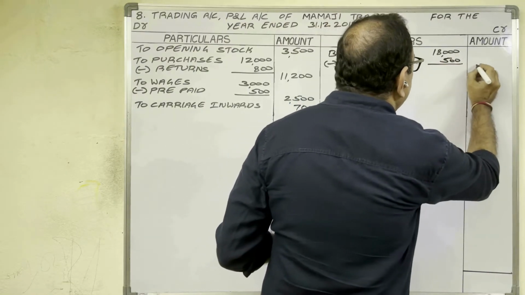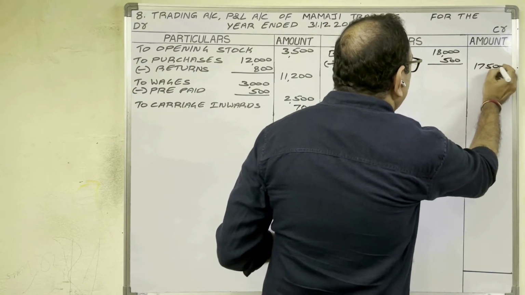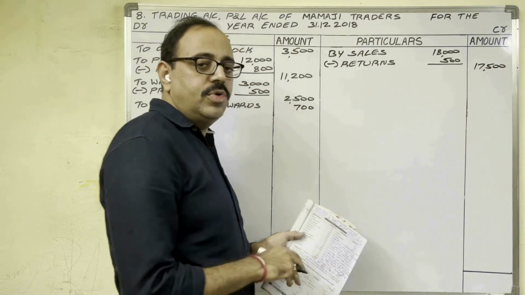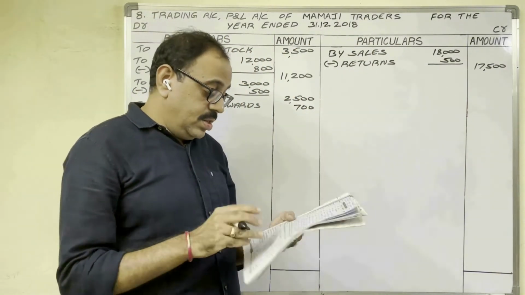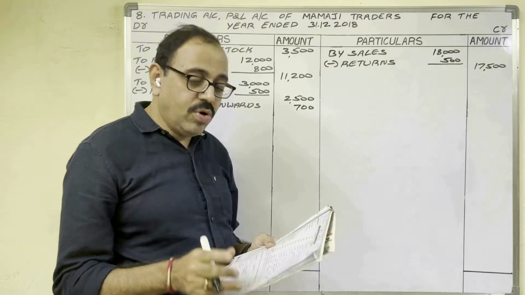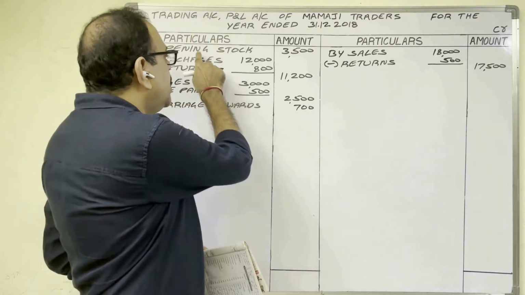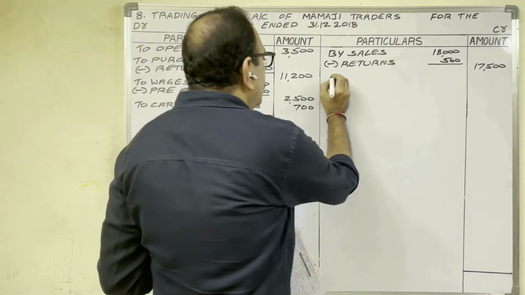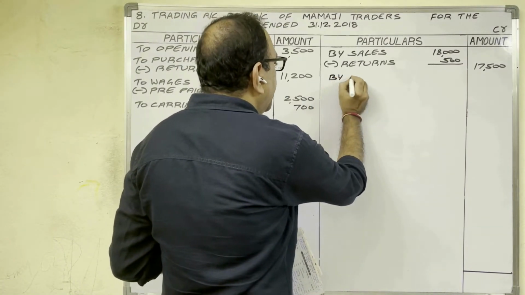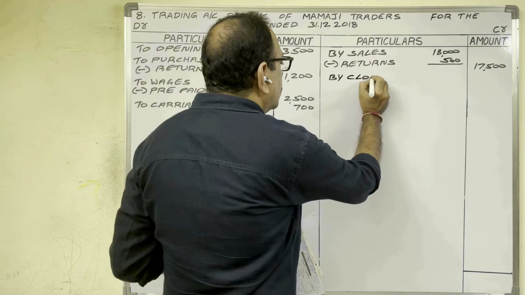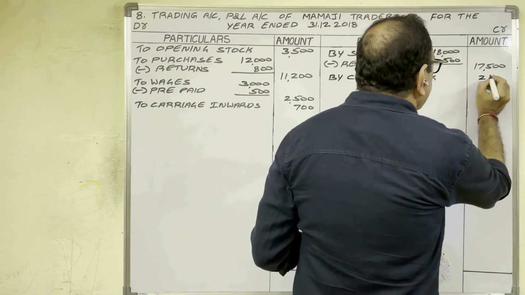We have to subtract here. Remaining amount in outer column, 17,500. Only one income we have. Then directly come to adjustments. Only one adjustment we should take here. That is closing stock. Opening stock debit side we are writing now. So closing stock on credit side we have to write. By closing stock, 2,500 rupees.